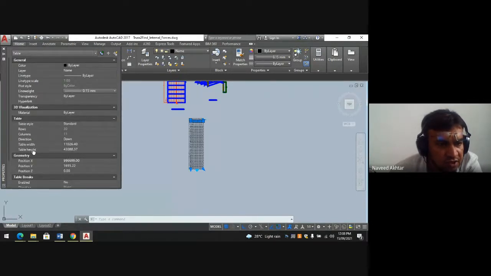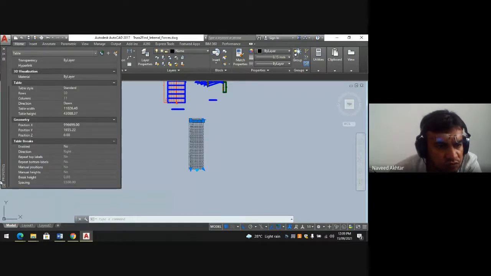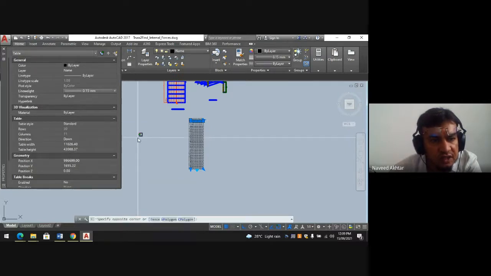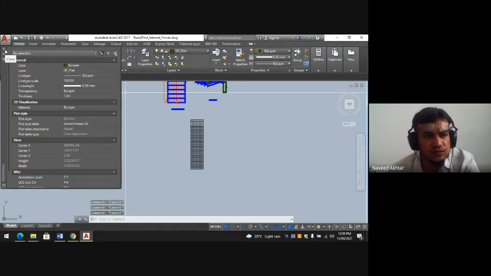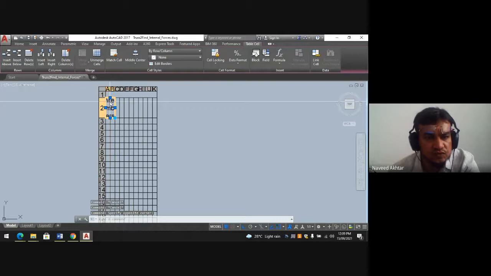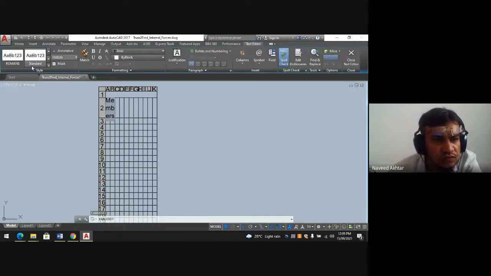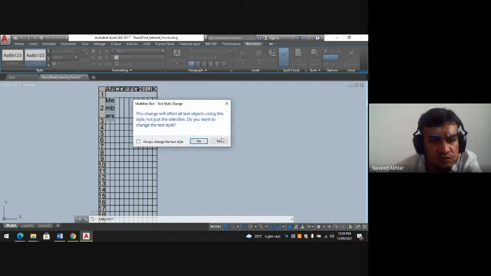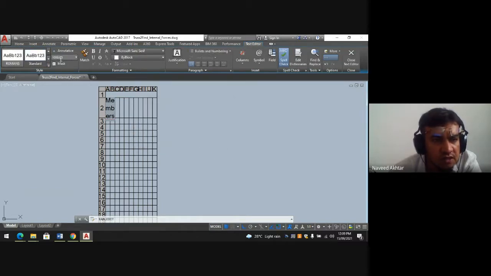Table geometry, table text. I'm searching for where the text is. How to change the text in the text dialog. So I will change the text. For text I will take Roman. And the size of text should be less.